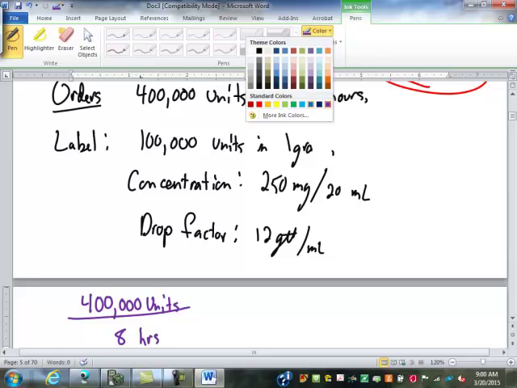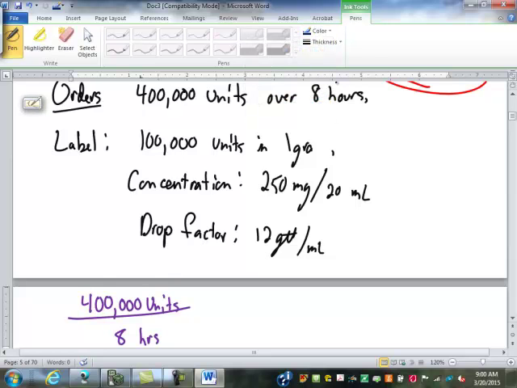Now again, it doesn't have to be in this order. By the way, we are looking for drops per minute, just so you know. It doesn't have to be in this order, but it's always my first step to get from hours into minutes, because per minute is usually more interesting than hours. So we have 1 hour is 60 minutes as our next conversion.